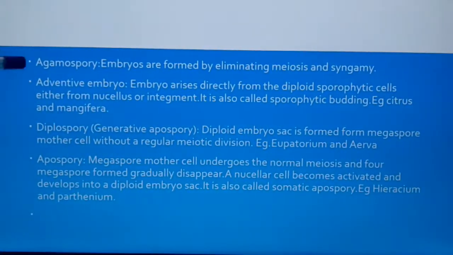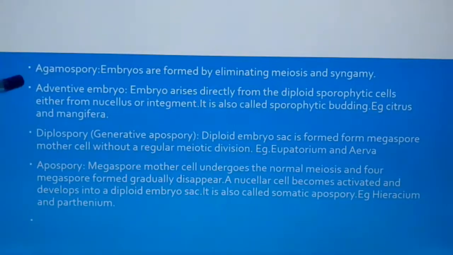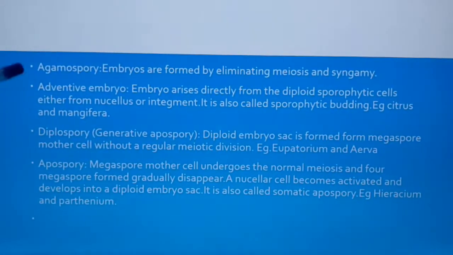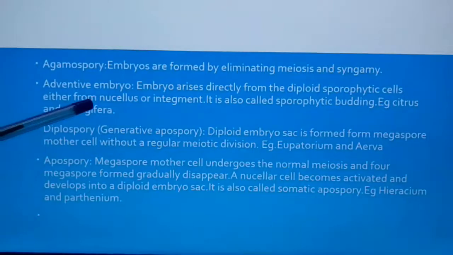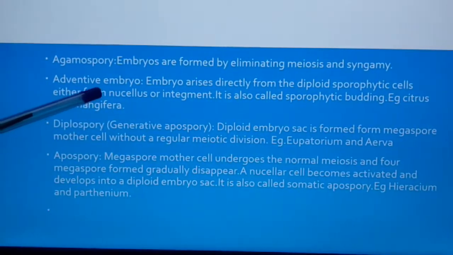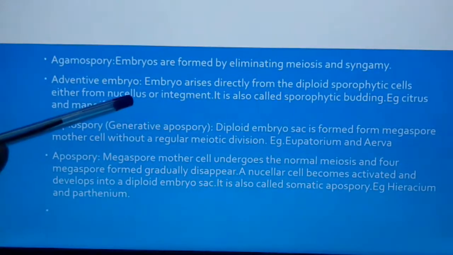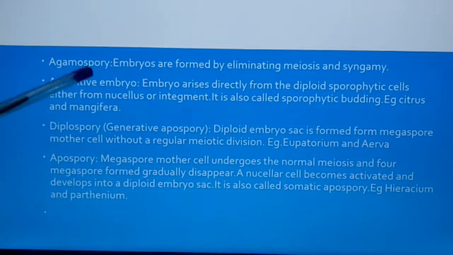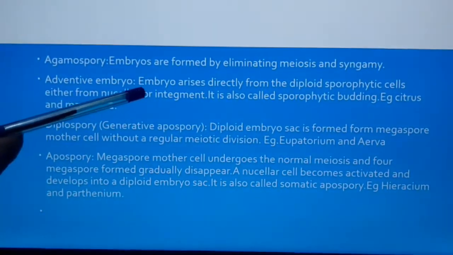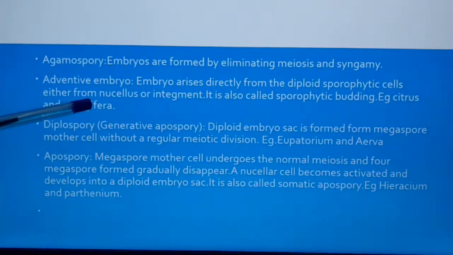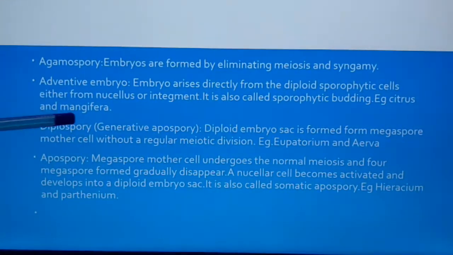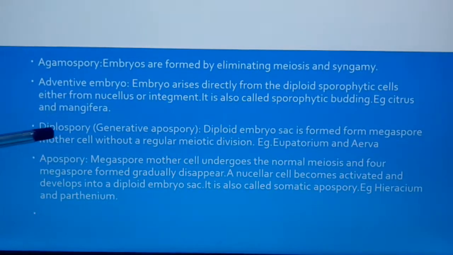The diploid sporophytic mother cells, from either the nucellus or the integument, are directly involved in the formation of the embryo without meiosis. It is also called sporophytic budding. Example: Citrus and Mangifera, lemon and mango.